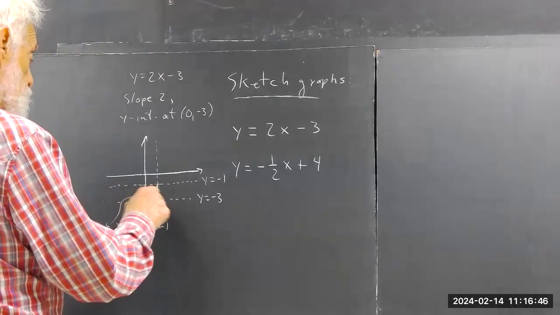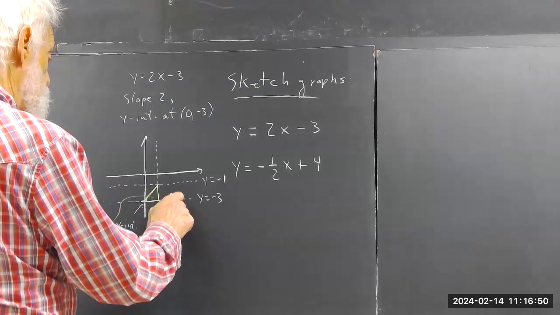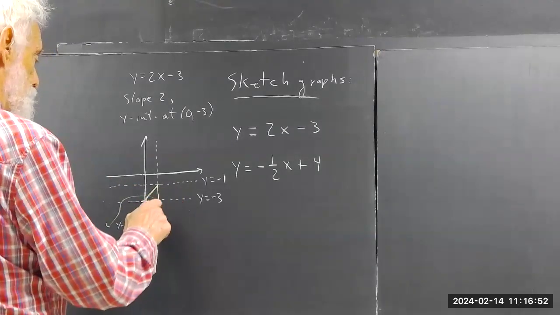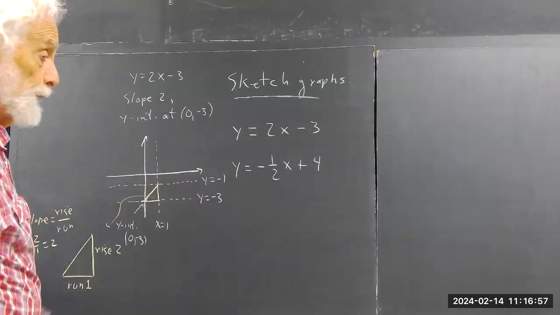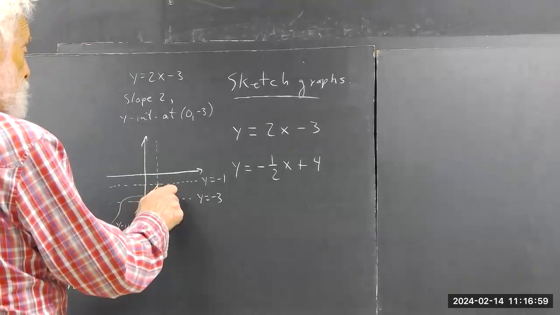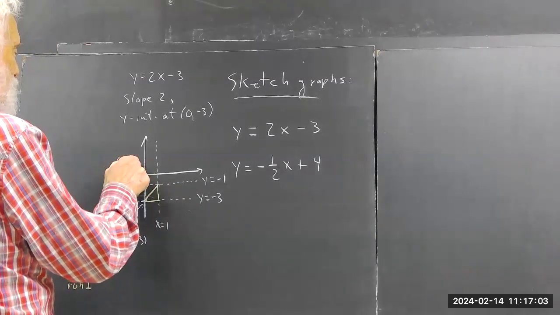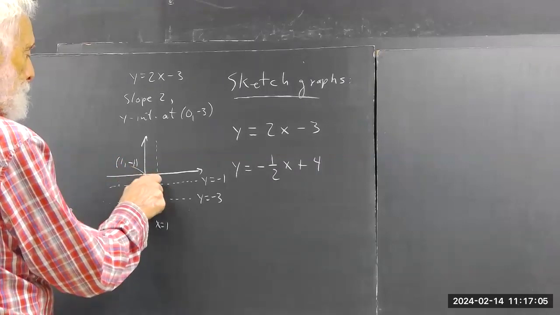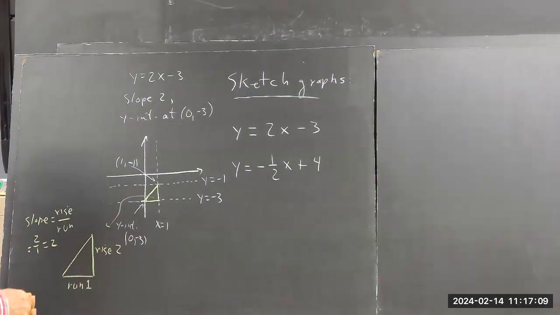So there's your y-intercept over here. This point is where the x equals 1 line meets the y equals -1 line. So this is the point 1, -1. And you can sketch a straight line through those 2 points.